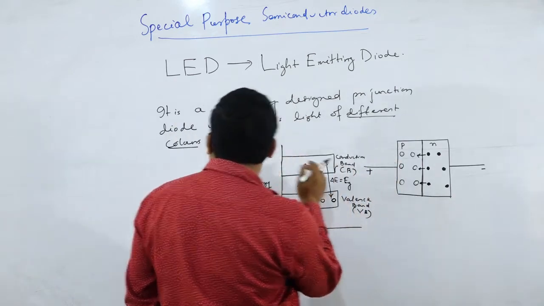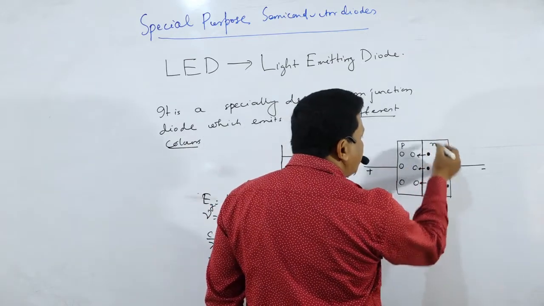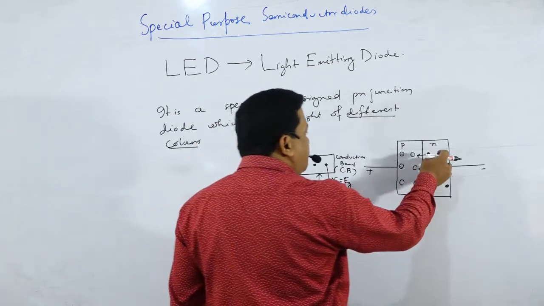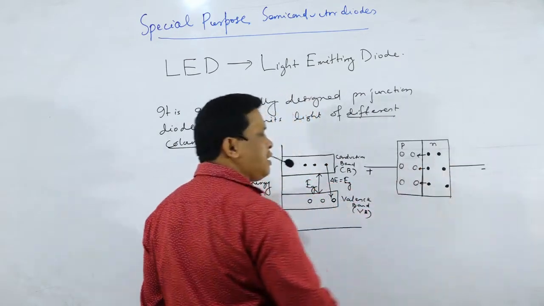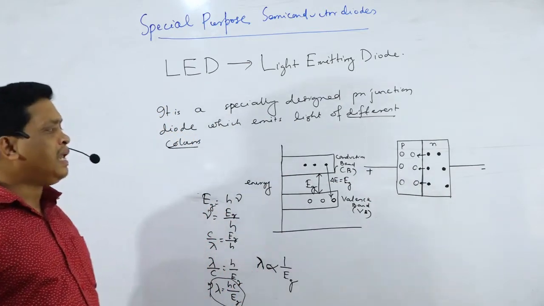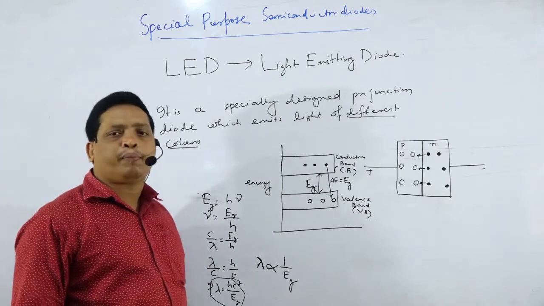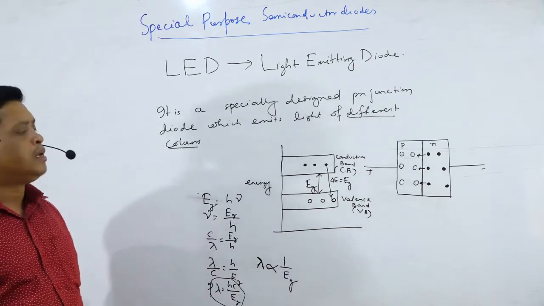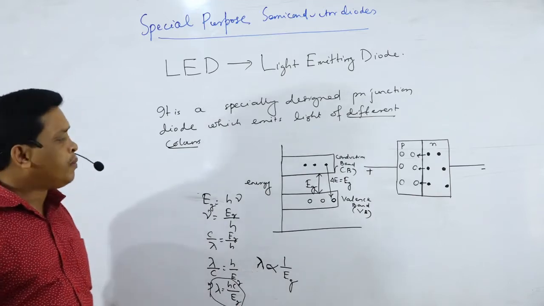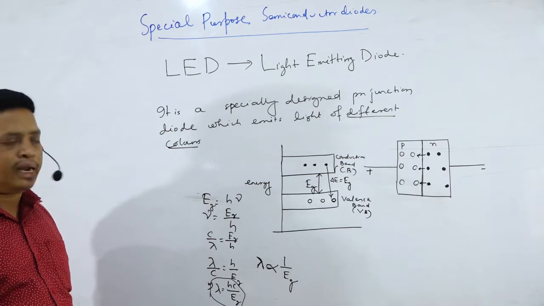So how do the LEDs work? Now when the PN junction of the LED is forward biased, the free electrons from N region combine with the holes in the P region, and during this electron hole recombination process, the extra energy of the free electron or conduction electron is radiated out in the form of a photon or light rays.